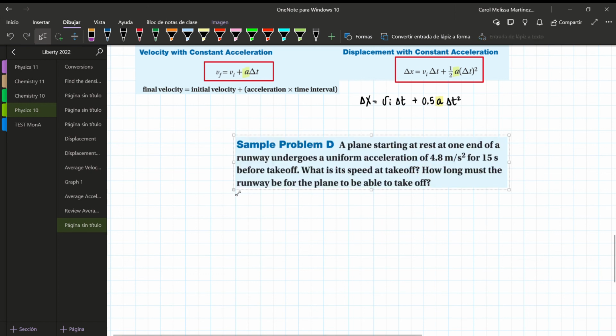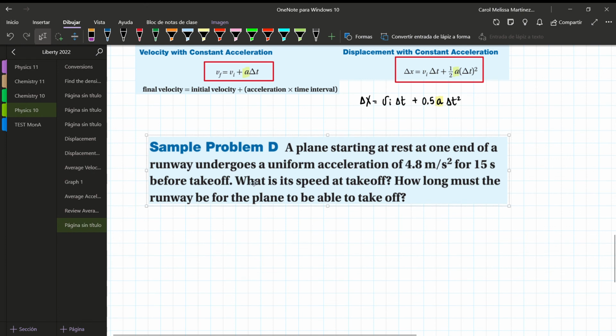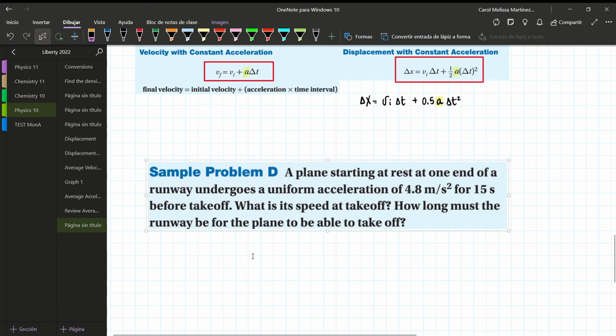What I'm going to do is, because the class will end soon, we're just going to highlight the givens, and we're going to continue with this topic on Tuesday. In this exercise, it says, a plane starting at rest at one end of a runway undergoes a uniform acceleration of 4.8 meters per second squared for 15 seconds before takeoff.